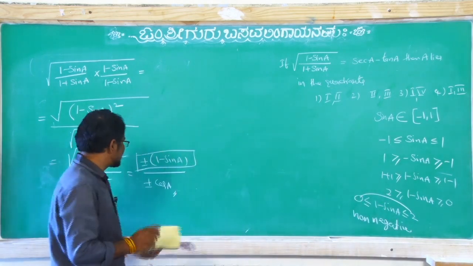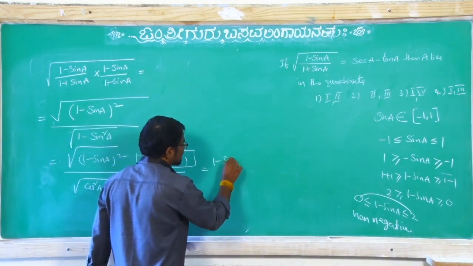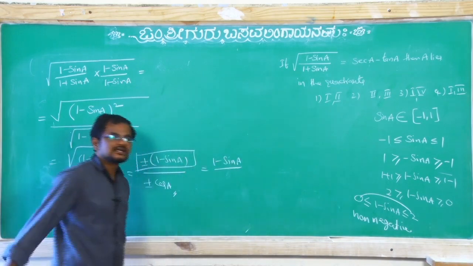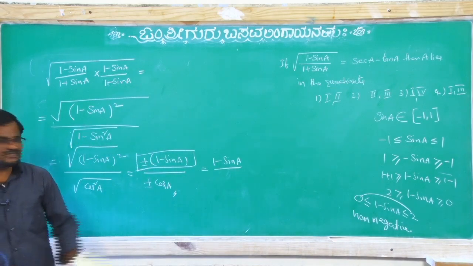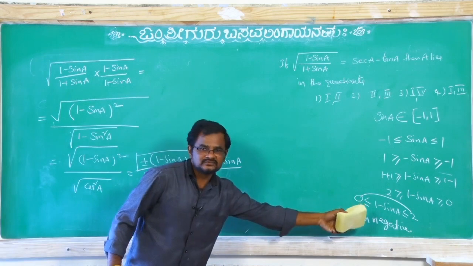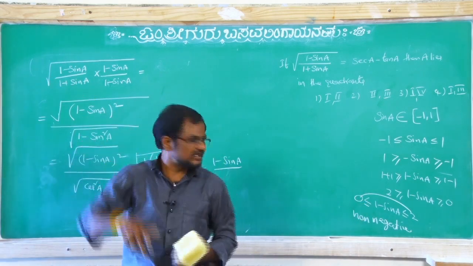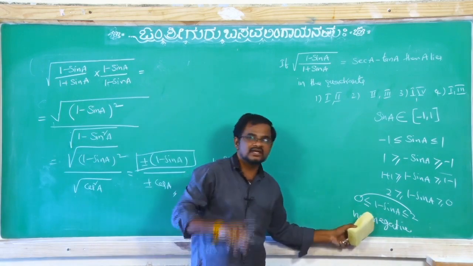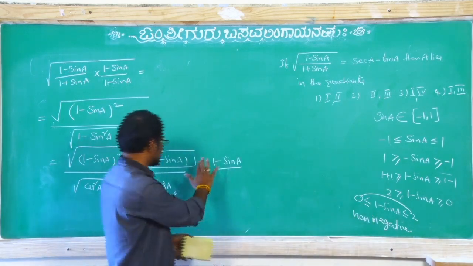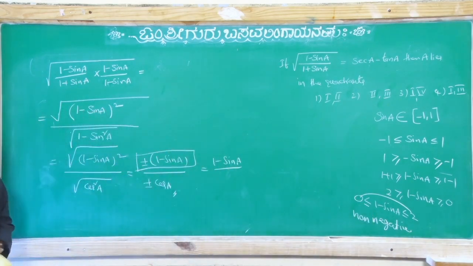So definitely here you will get 1 minus sin A only, because there is no negative value, either 0 or positive, means non-negative, greater than or equal to 0. So 1 minus sin A is greater than or equal to 0.